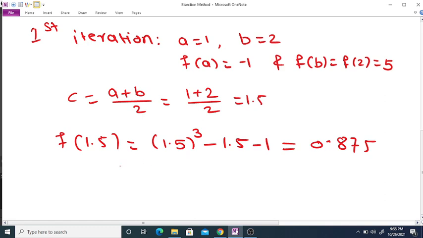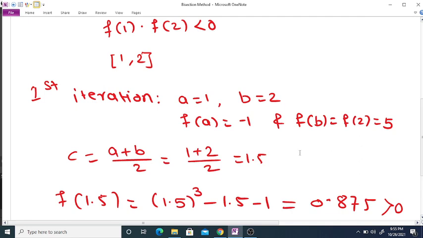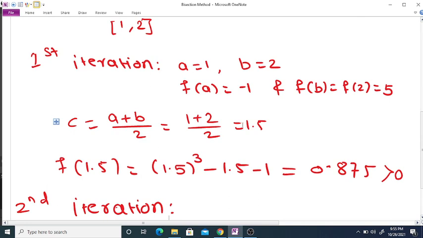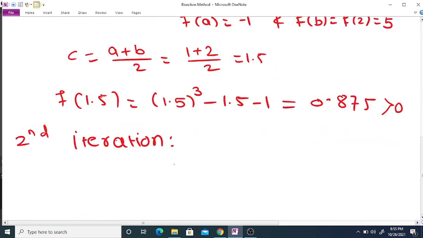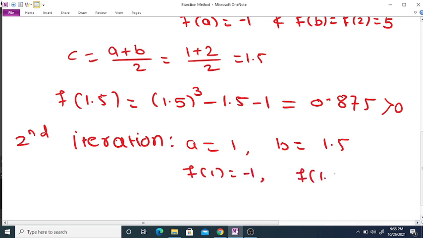Now, f of 1.5, you can observe, is greater than 0, and the root always lies between a positive and a negative value. Since f of 1.5 is greater than 0, and in the last iteration f of 1 is less than 0, in the next iteration we can assume a is equal to 1 and b is equal to 1.5, f of 1 is again minus 1 and f of 1.5 is equal to 0.875.